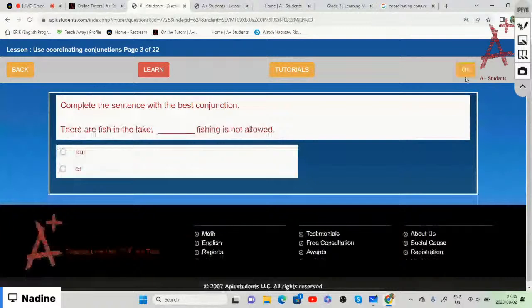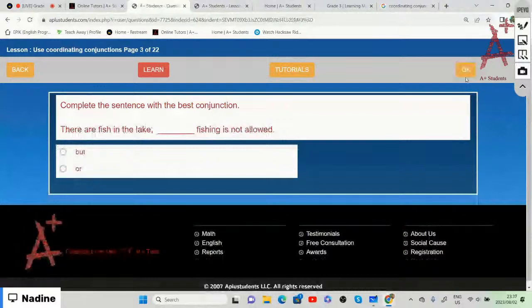There are fish in the lake. Is it but fishing is not allowed, or fishing is not allowed? It's not allowed. So there are fish in the lake, but fishing is not allowed, or there are fish in the lake, or fishing is not allowed. We need to choose the best conjunction to complete the sentence, choosing but or or. If we choose the best conjunction, then we will choose but.